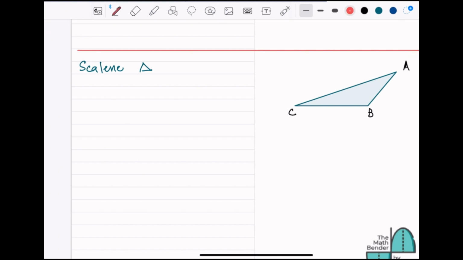And if I have to put markers, I can put one symbol here, another symbol here, and another representation here, which shows that all the three sides are not equal to each other, and hence all the three opposite angles are not equal either. So if I have to write something here, the three sides are unequal, and all the angles are not equal.